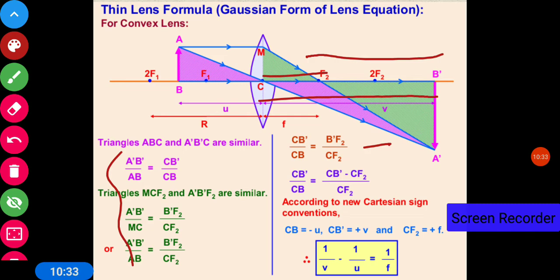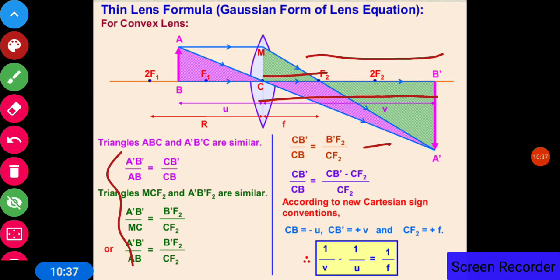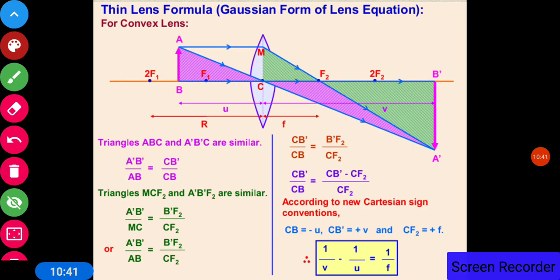Now putting the values according to the sign convention. According to the sign convention, the distances are always measured from the optical center. Distances measured opposite to the direction of the incident ray are taken negative, and in the direction of the incident ray are taken positive.